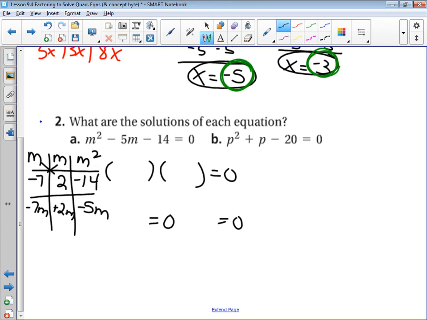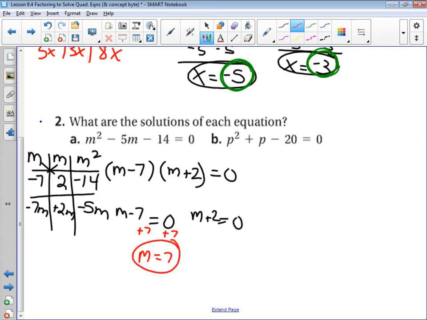So this factors into m minus 7 and m plus 2. Then you set each of these binomials, m minus 7 and m plus 2, equal to 0, and you solve. Add 7 to both sides, you get m equals 7. Subtract 2 from both sides, you get m equals negative 2. M equals 7 and m equals negative 2 are your solutions for this quadratic function.